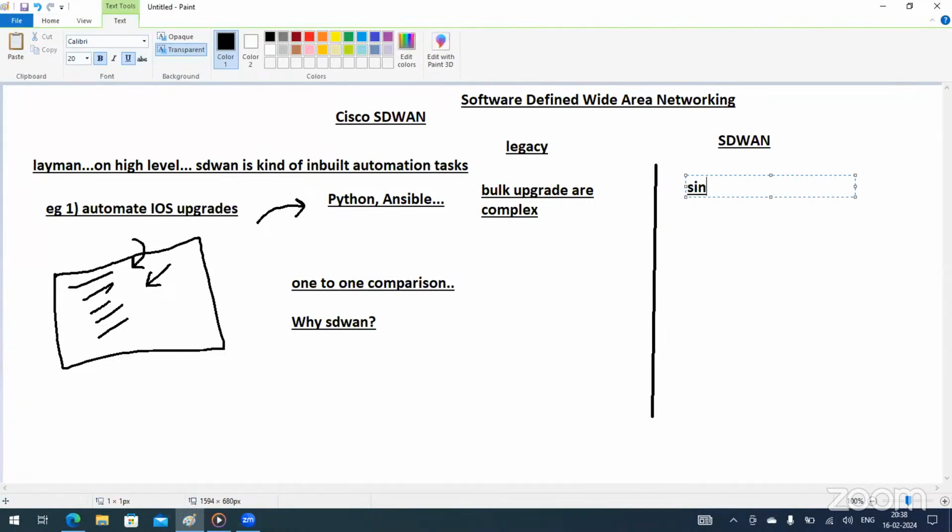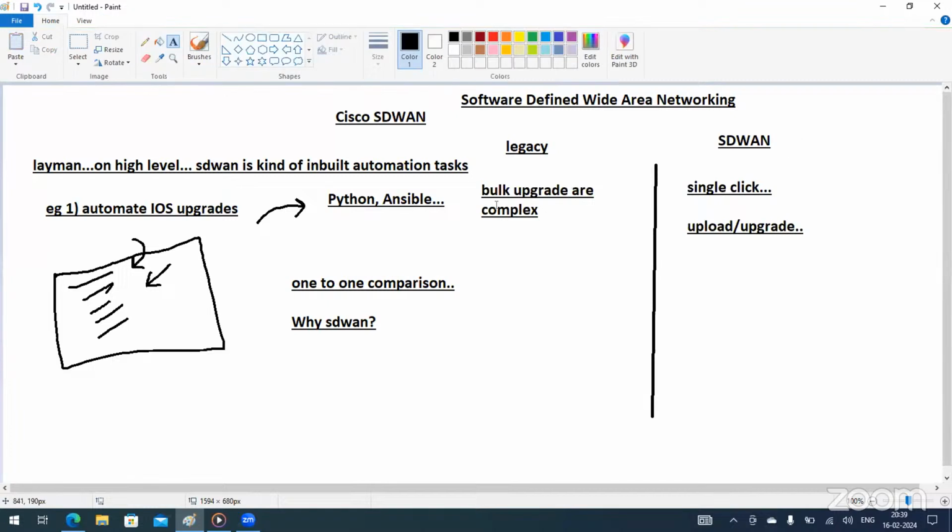With a single click, we can upload the image and upgrade the devices. We need not worry about the background things going on, because Cisco takes care of whatever is happening in the background. We will talk about a few more of these things in a few minutes.